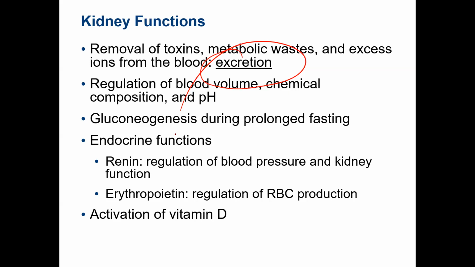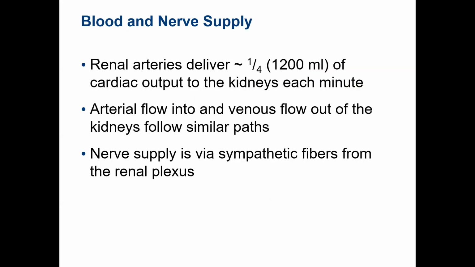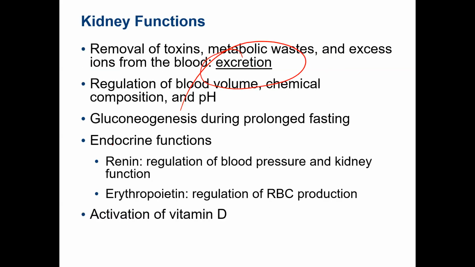I suppose if you're starving, the kidneys can do some metabolic activities, gluconeogenesis. And there are hormones released from the kidneys. Those hormones include renin and erythropoietin, which we talked about back with blood.